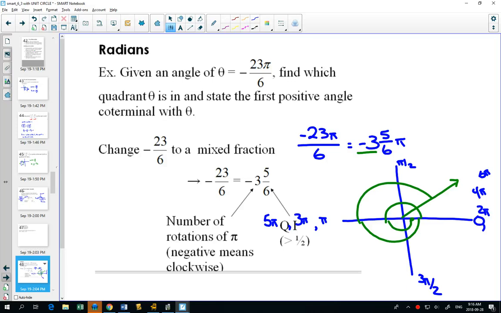We know in the first time around there's only 4 pi over 6 families. There's pi over 6, 5 pi over 6, 7 pi over 6, and 11 pi over 6. If this one ends in quadrant 1, it's going to be coterminal with pi over 6.